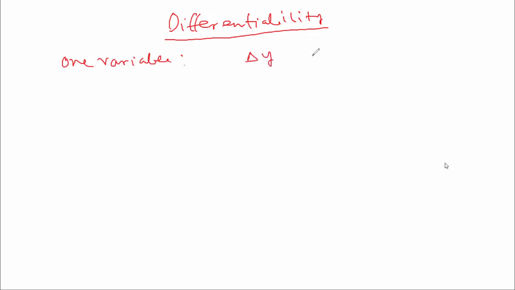Delta y at a, if you change the x value a little bit, then this is the increment in y.